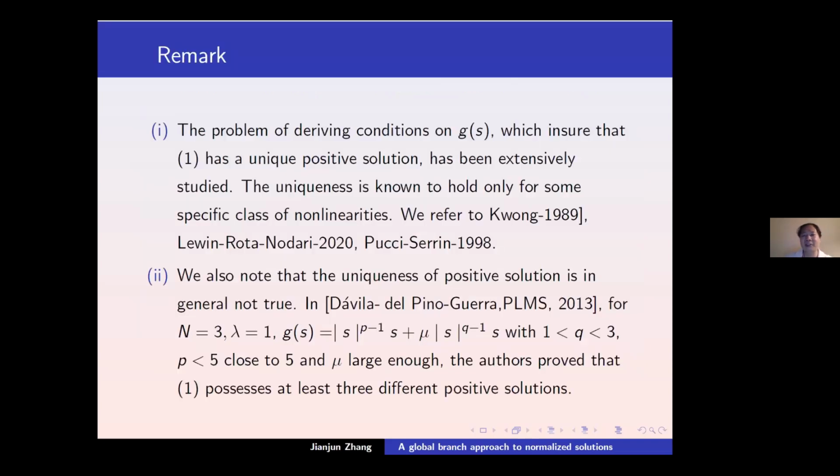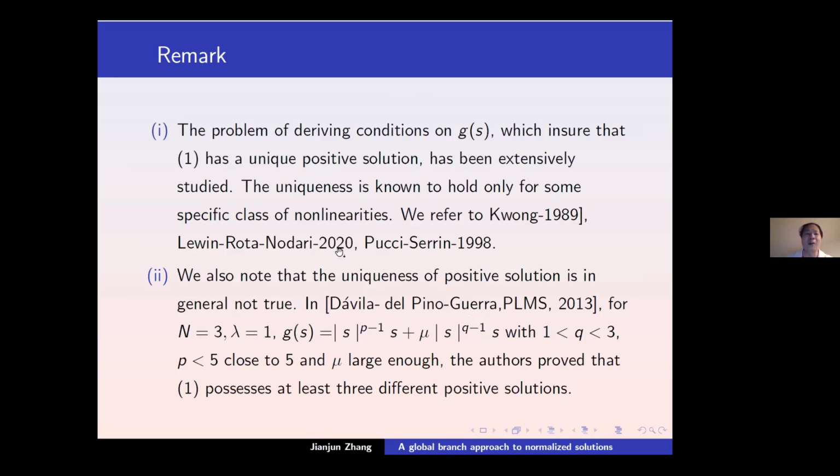But here we point out that usually for the scalar field problem, the uniqueness of positive solutions is still open, because in this paper, Davila, Del Pino, and Guerra prove that the scalar field problem with this nonlinearity has at least 3 different positive solutions. So in general, for the scalar field equation, the positive solutions are not unique.